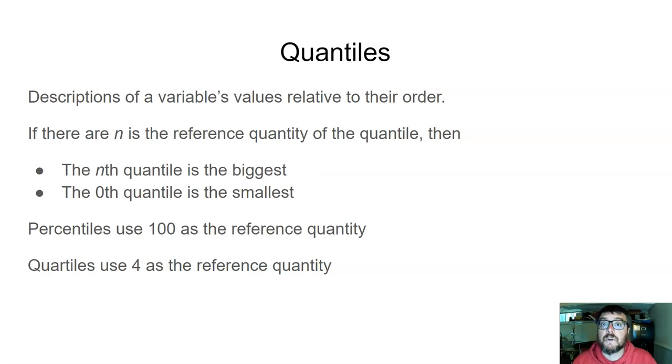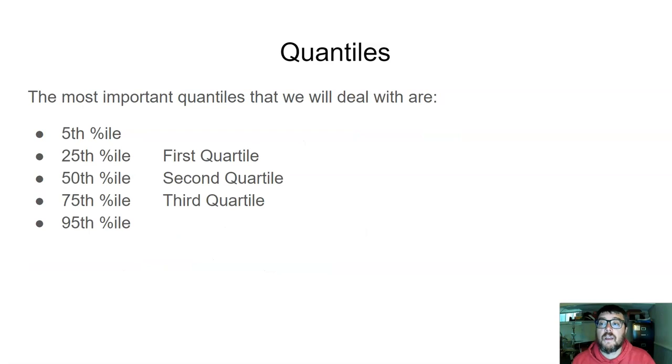Quartiles are what are involved in our last measure of dispersion, and that is the interquartile range. Here are the quantiles that we often deal with: the 5th percentile, the 25th percentile, which is the first quartile, the 50th percentile, also the second quartile, also called the median, the 75th percentile, which is the third quartile, and the 95th percentile.